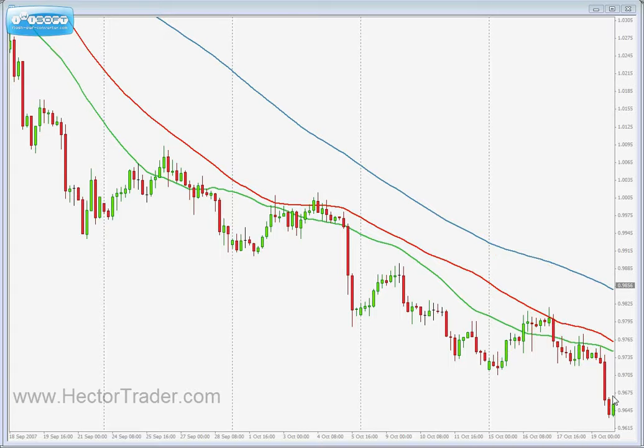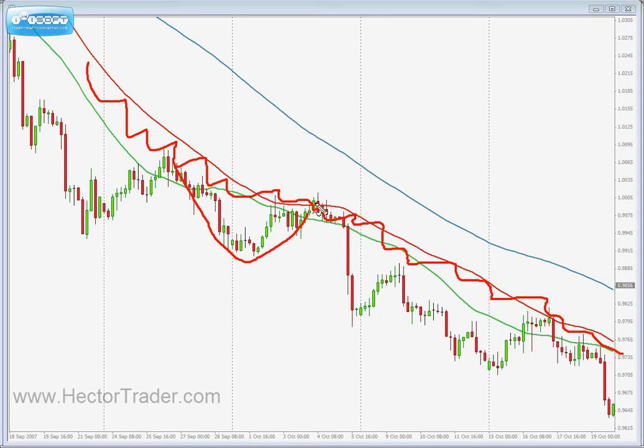Just go to your own charts, plot the 30, the 50, and the 100 simple moving average. Scroll back in time, search when they fall in order, and when they do, mark the area between the 30 and the 50. If price retraces here and it holds, okay. If price breaches through, search no more, there is no trade to take there.